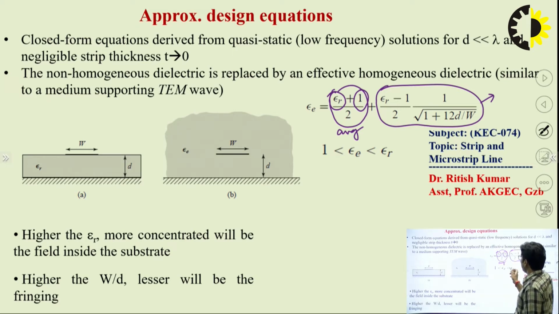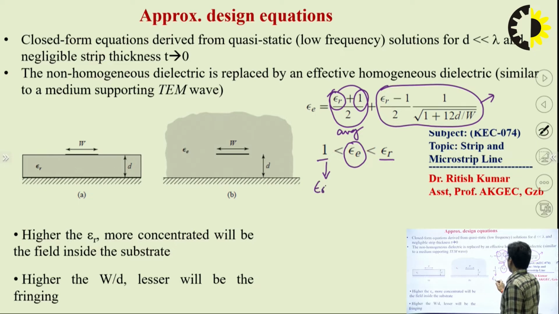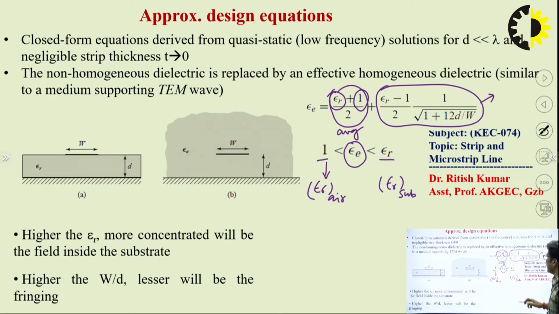So the effective relative permittivity lies in between the lowest one and the highest one. This is the relative permittivity of air, and this one is the relative permittivity of the substrate. So it lies in between these two values. Now you can focus here on the formula.